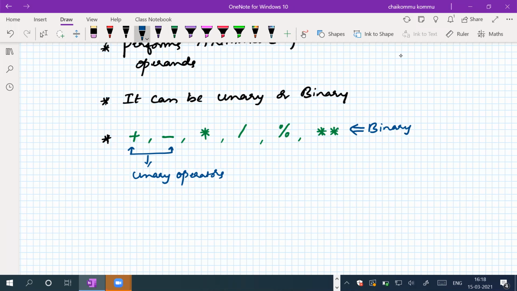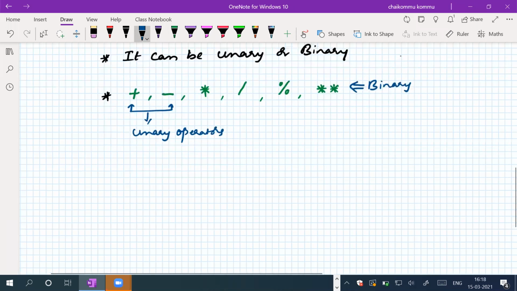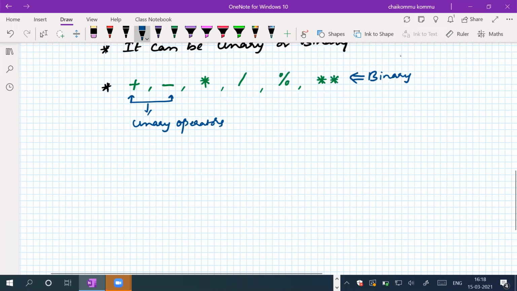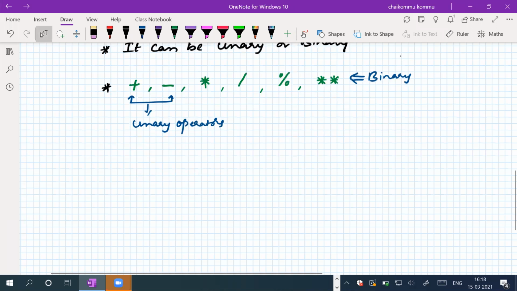Okay, so we'll take one example. How do we perform these operations? We take some values.